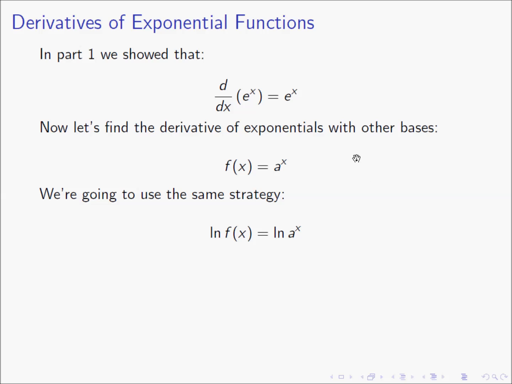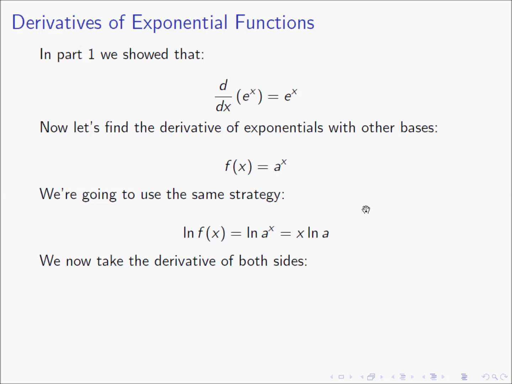To do that, we're going to use the same strategy we used in part 1. We're going to take the natural log of both sides of the equation, and we will have that the natural log of f of x equals the natural log of a to the x. But the natural log of a to the x equals x times the natural log of a. And now we're going to take the derivative of both sides.